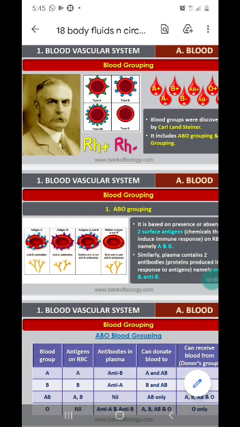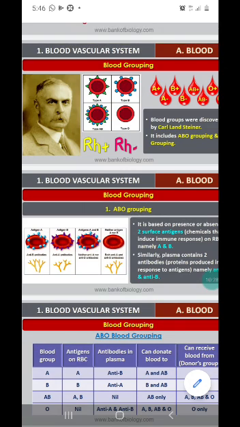ABO blood grouping means the different blood groups present in the human population, children: A group, B group, AB and O. There is also one more grouping, the Rh positive and Rh negative. This blood grouping was discovered by Karl Landsteiner.